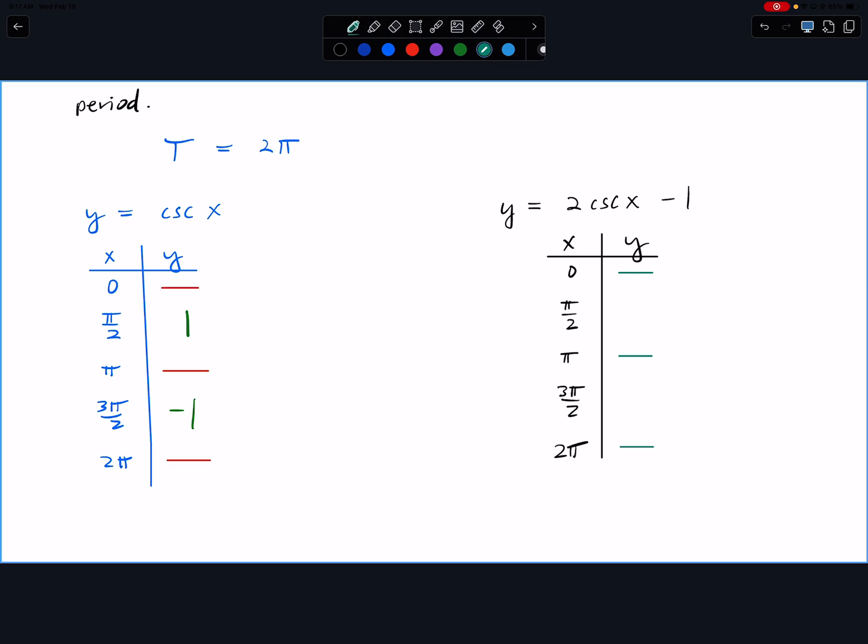Do you guys agree that the 2 and the -1 means to multiply all the y's by 2 and then subtract 1? Okay, so if I multiply this by 2, I get 2. 2 minus 1 gives me 1. That's weird, it didn't change. If I multiply this by 2, I get -2. Minus 1, I get -3. Okay?